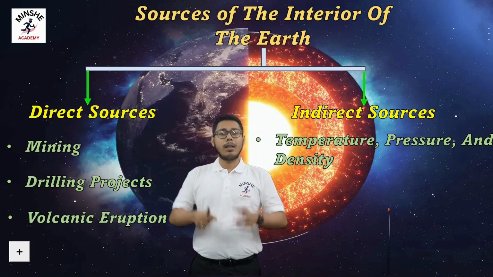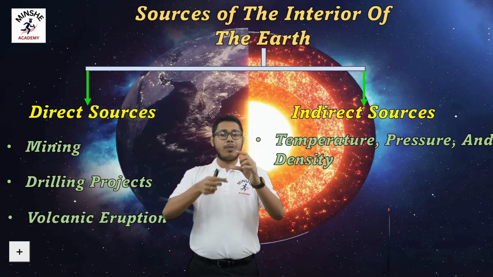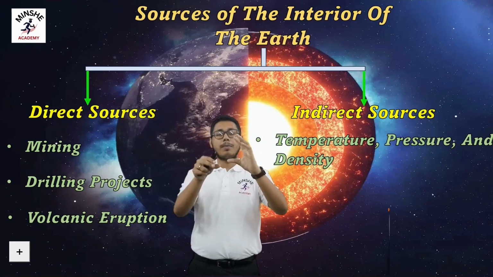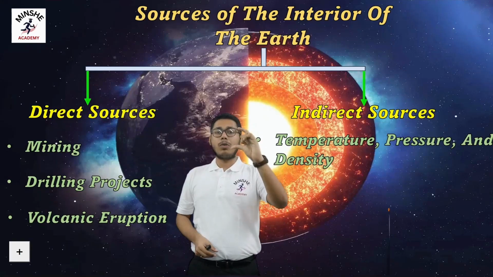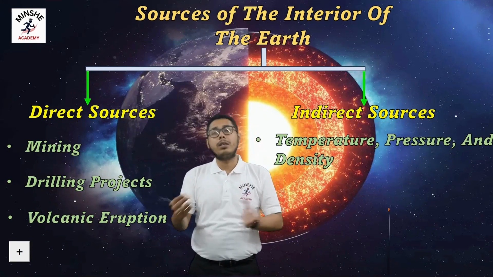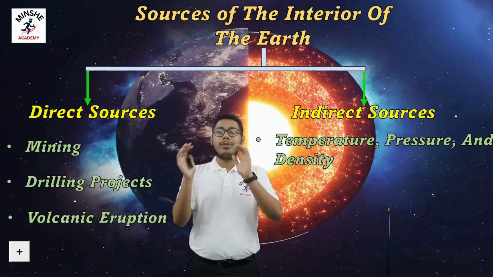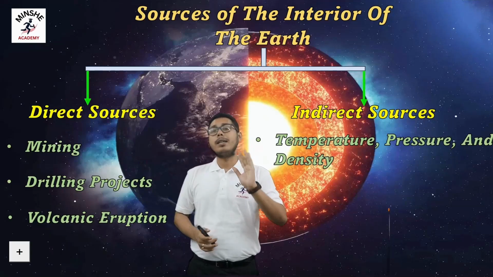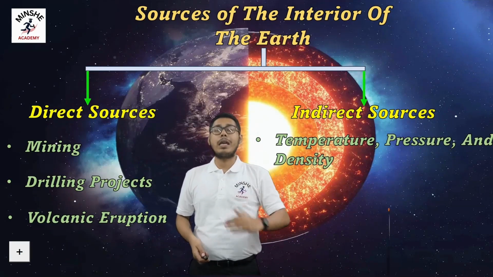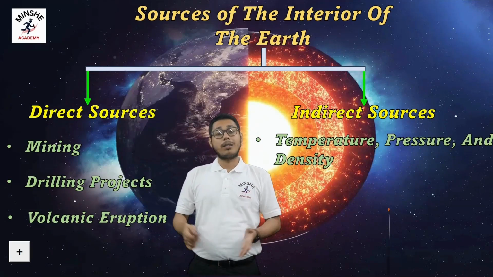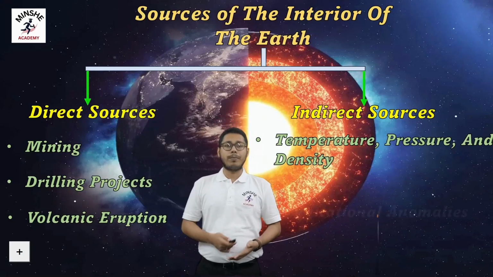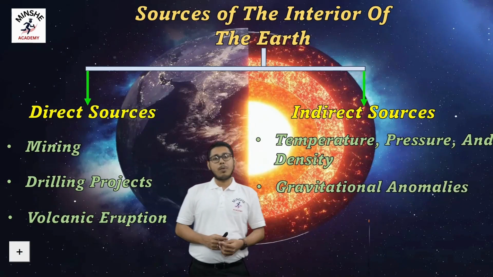What is a gradient? The rate at which something changes with distance. For example, after covering X amount of kilometers, the temperature is increasing or decreasing. So that has been developed, right? So these are indirect sources. Directly we are not getting it, but indirectly, through scientific innovation and advancement, these are the things that we have come to know. Number two, gravitational anomalies.